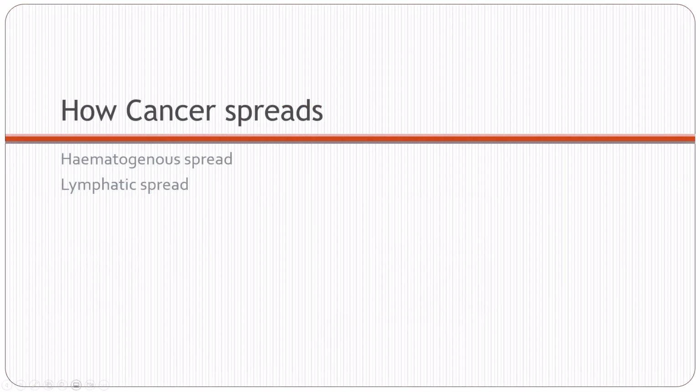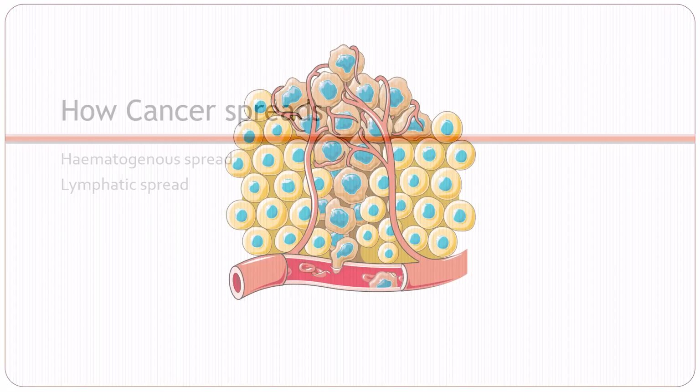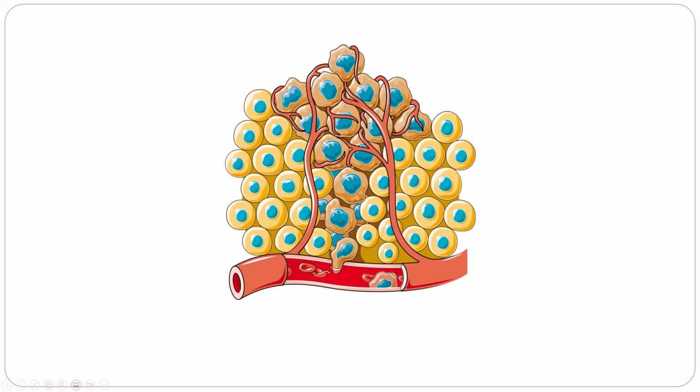Now, how does cancer spread? There are two ways it can spread: hematogenous spread and lymphatic spread. And as I showed you earlier, the cancer cells cause angiogenesis, which means blood vessels grow towards the cancer cells, and then eventually cancer cells breach the vessel wall integrity and they enter into the bloodstream.